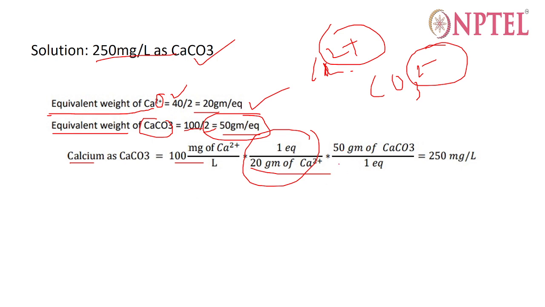One is calcium ions and another is calcium carbonate. So what is happening here, gram per equivalence, gram is getting cancelled, and we are getting the result in terms of mg per liter. Here we can cancel out whatever we can cancel, and 50, and from here it is 50 mg per liter. So I hope this is clear for everyone.